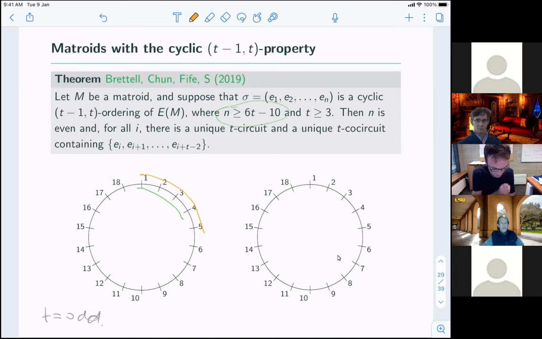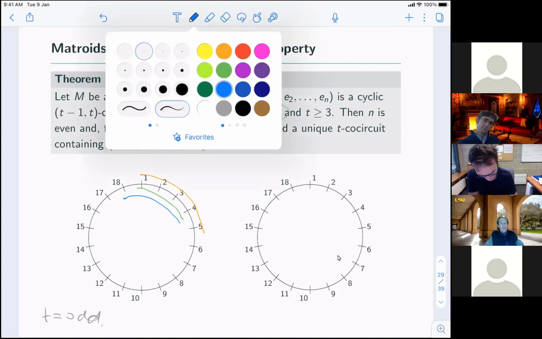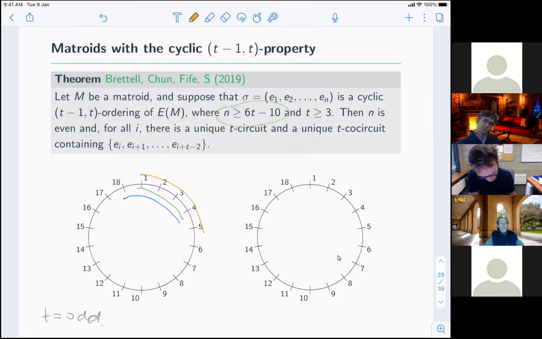The next thing is, if those 5 consecutive elements is a T circuit, in this case a 5 circuit, then my co-circuit, you go back 1. So the co-circuit containing the 4 green will be, you go back 1. So they sit like that. And then the other thing when T is odd is that the circuits jump 2.